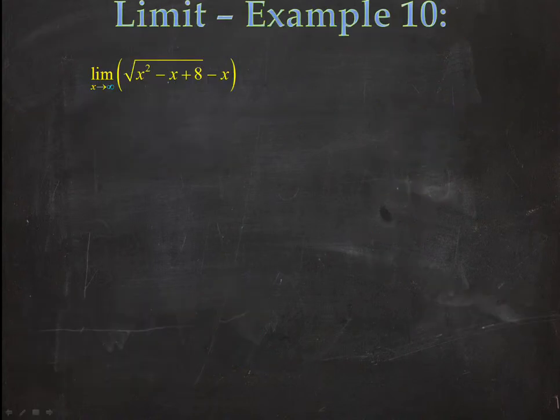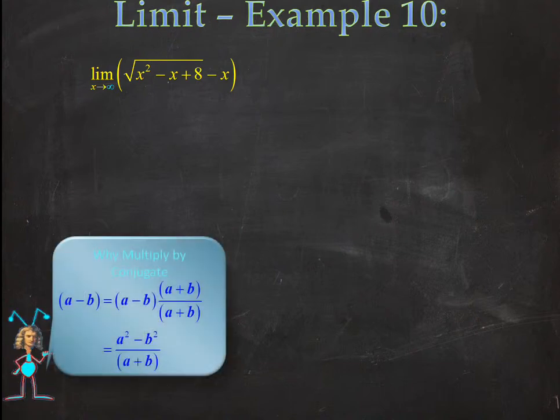Now, when you've got a limit that involves infinities, one of the things that you will require is a quotient. Now, I don't have a quotient here, so I've got to apply a mathematical tool that will somehow give me a quotient without changing the value of the expression. Now, we've already used this tool before, and that is we multiplied by the conjugate.